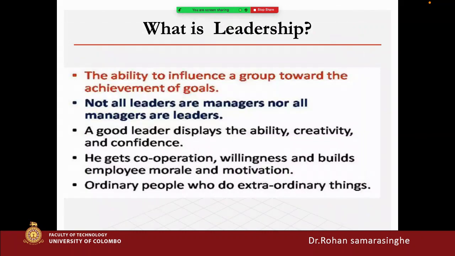Then what is leadership? Leadership actually is the ability to influence a group towards the achievement of the goal.